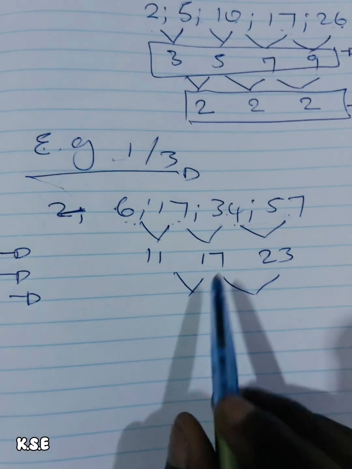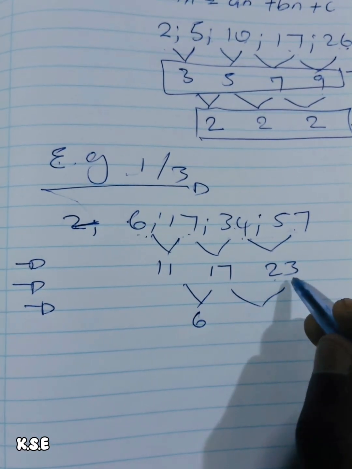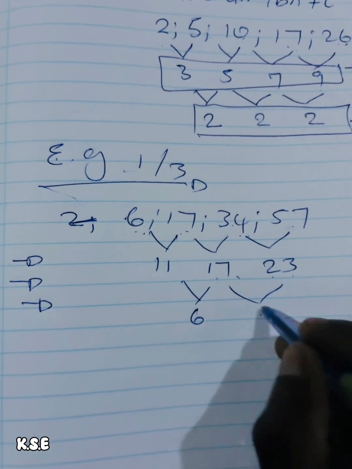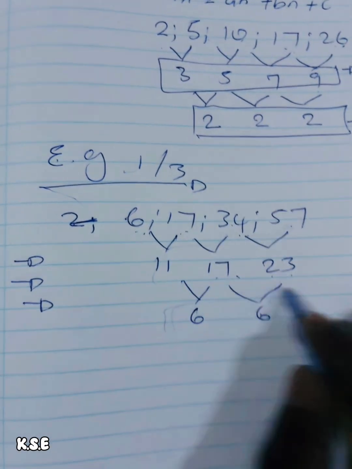Then 17 minus 11 gives us 6, and 23 minus 17 gives us 6, which becomes our second difference.